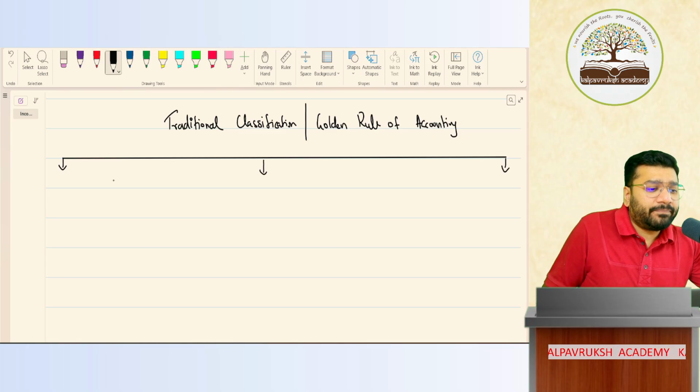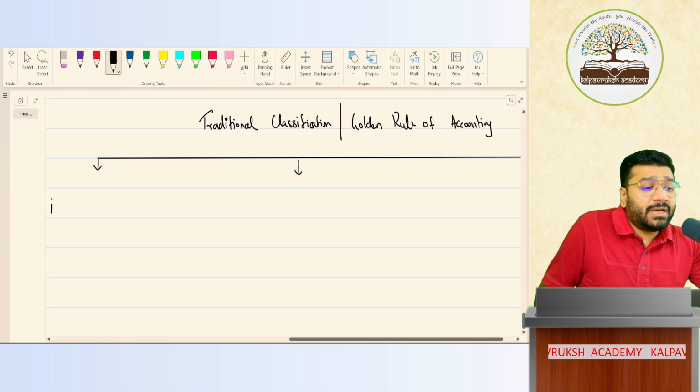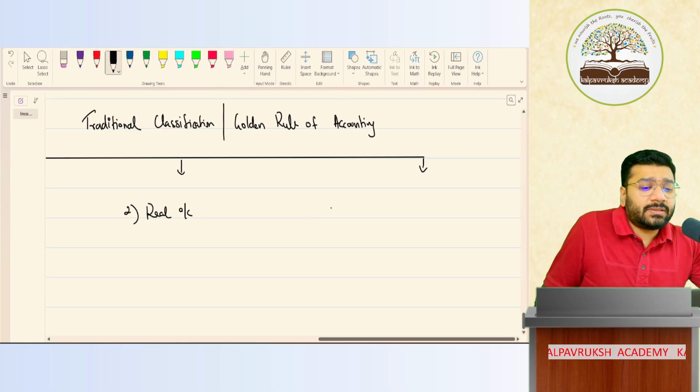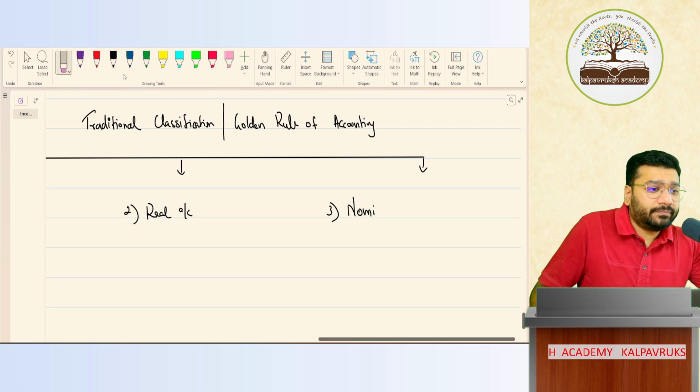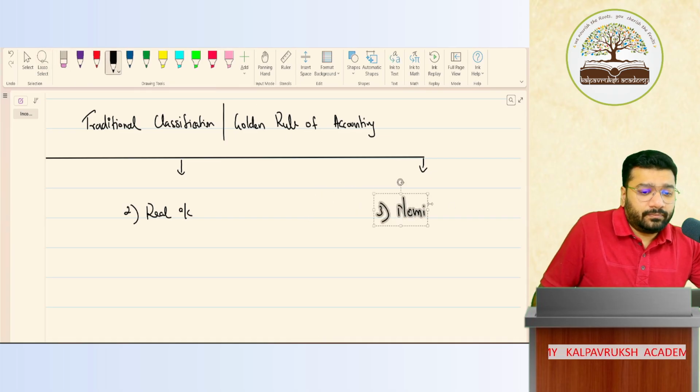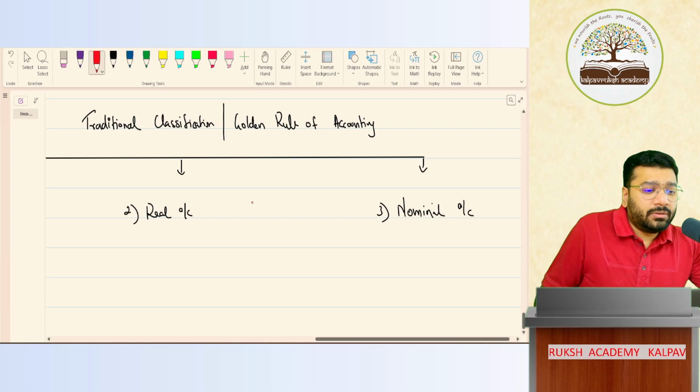First is personal account. Second is real account. And third is nominal account. These last two together are called impersonal account.